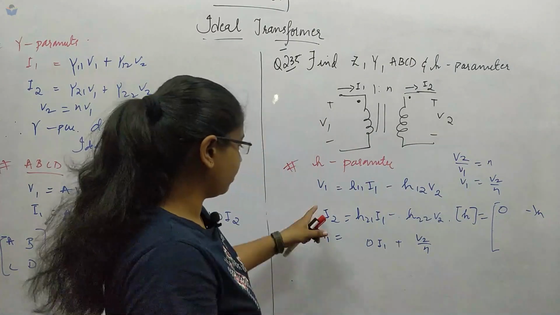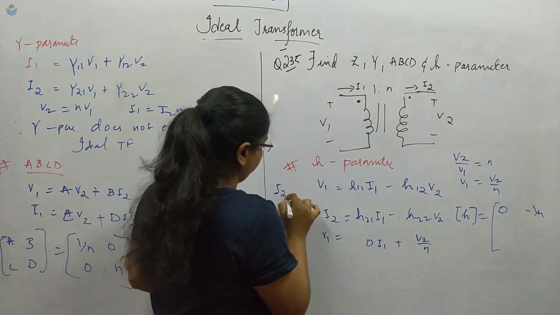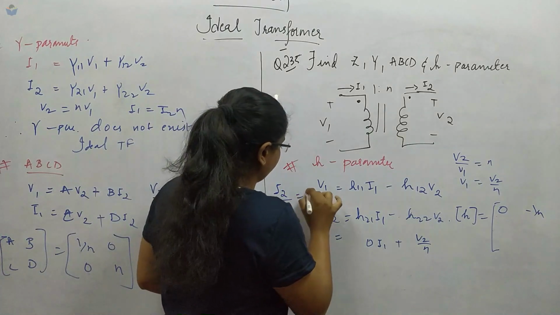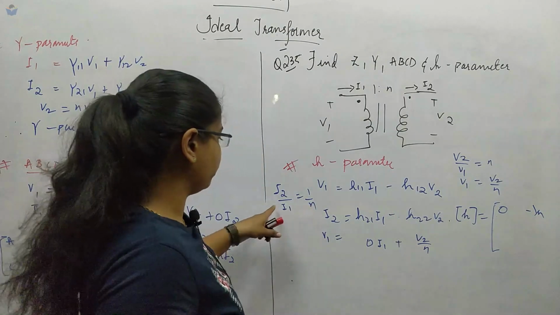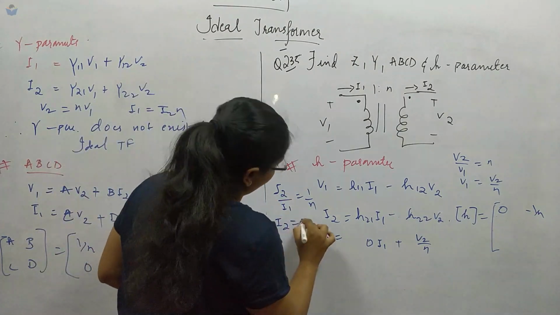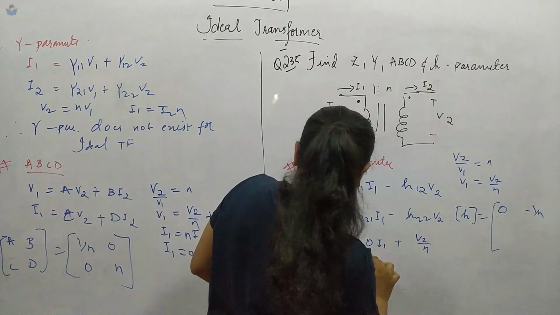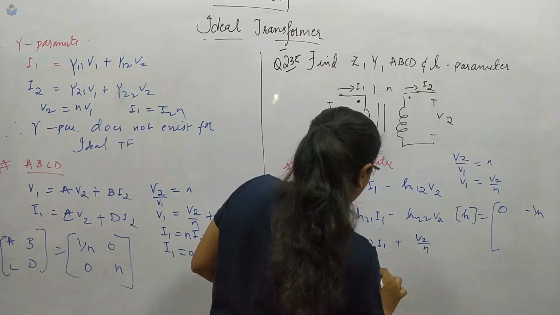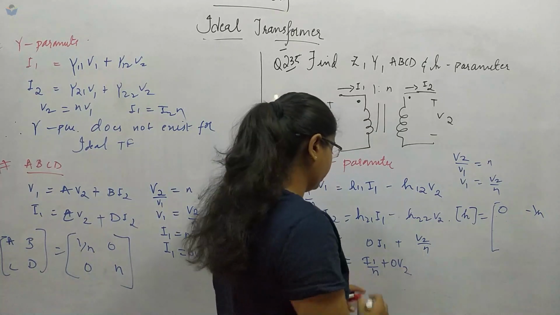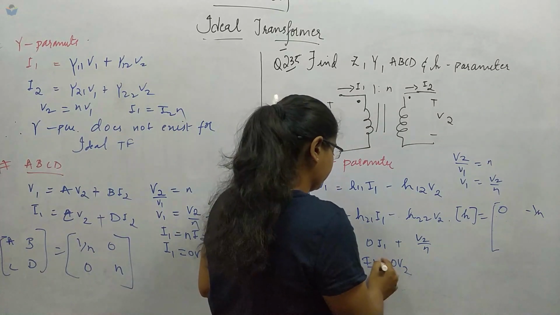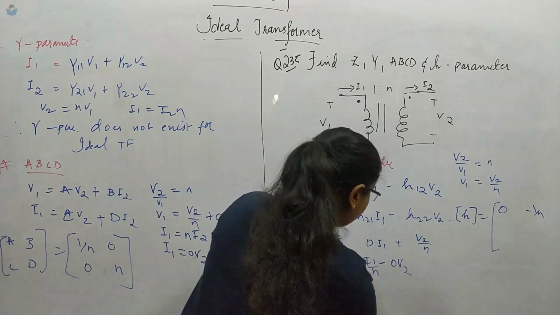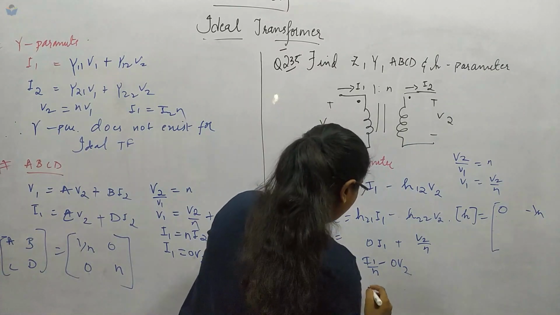Okay, next coming to I2. We know I2 by I1 equal to 1 by N. So we want I2, so I2 will be I1 upon N. Okay, so I2 is equal to I1 upon N plus 0 V2. And this is minus; we have to take it in this direction, right? First we have to arrange V2.